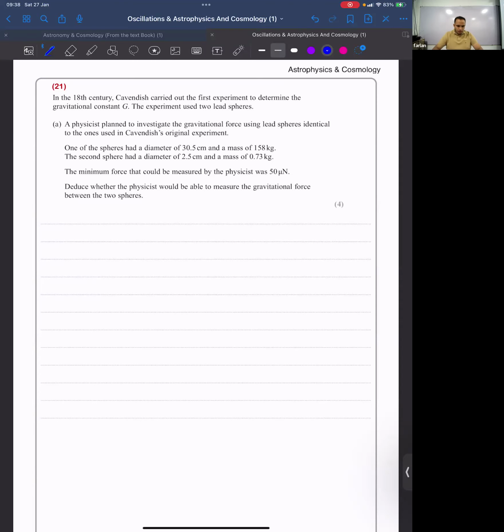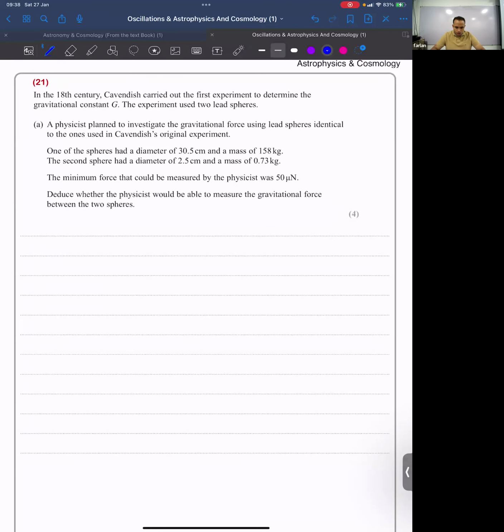A physicist planned to investigate the gravitational force using lead spheres, identical to the ones used in Cavendish's original experiments. One of the spheres had a diameter of 30.5 centimeters and a mass of 158 kilograms. The second sphere had a diameter of 2.5 centimeters and a mass of 0.73 kilograms. The minimum force that could be measured by the physicist was 50 micronewtons. Deduce whether the physicist would be able to measure the gravitational force between the two spheres.